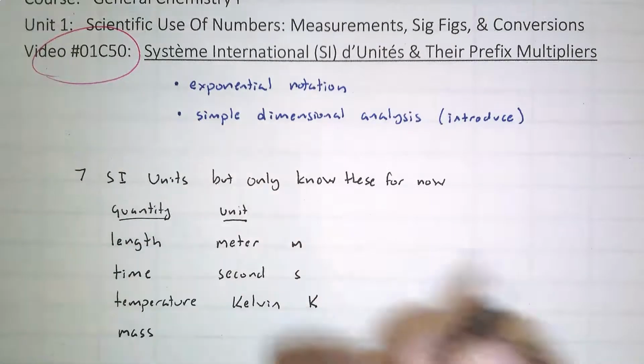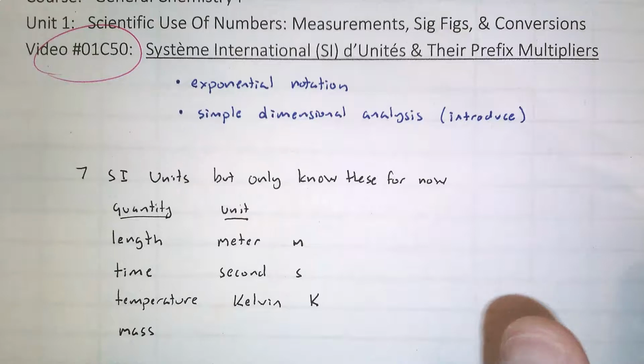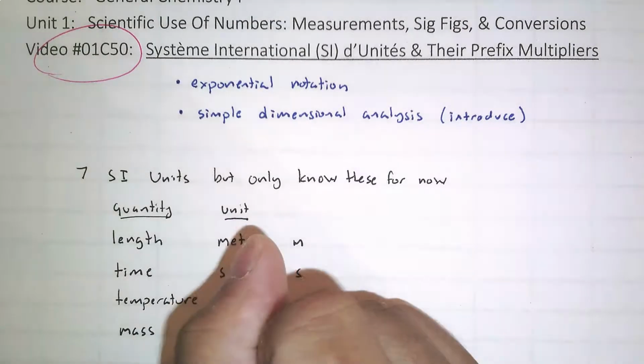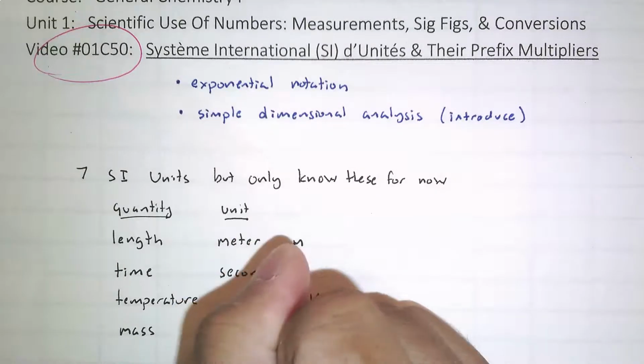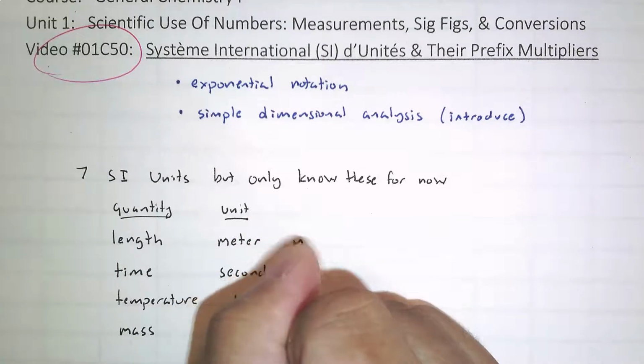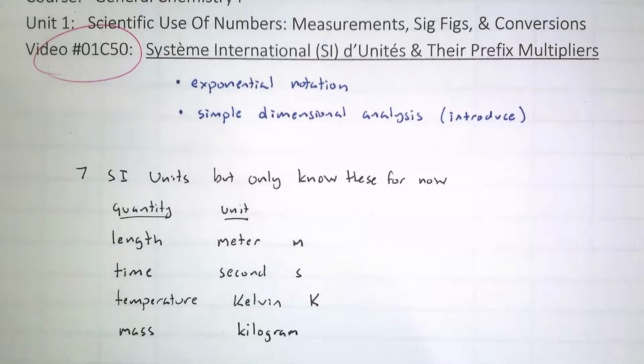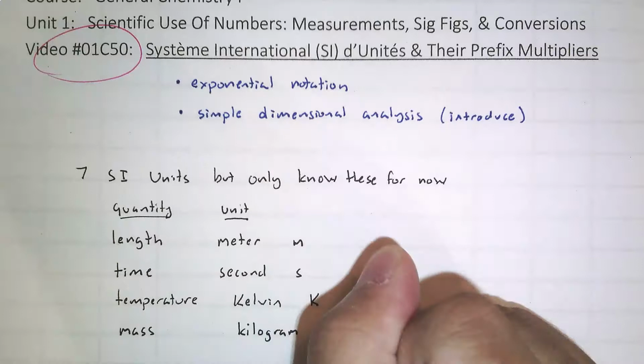This one's a little bit unusual. The official SI unit for mass is a kilogram. So they are using a prefix, K, or let me just spell it out first. Kilogram, and abbreviation is kg.